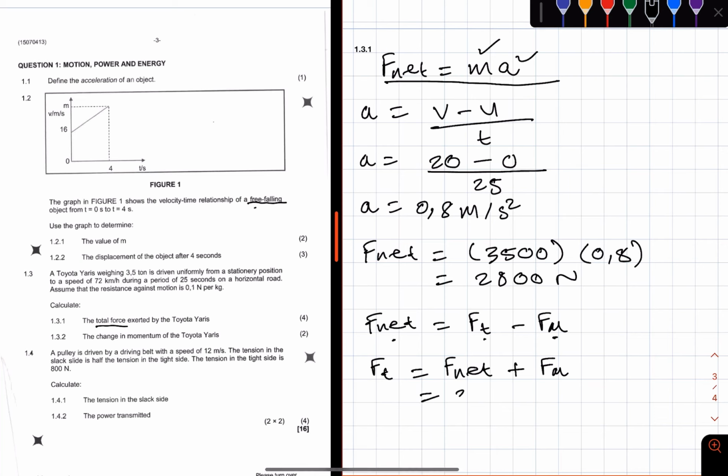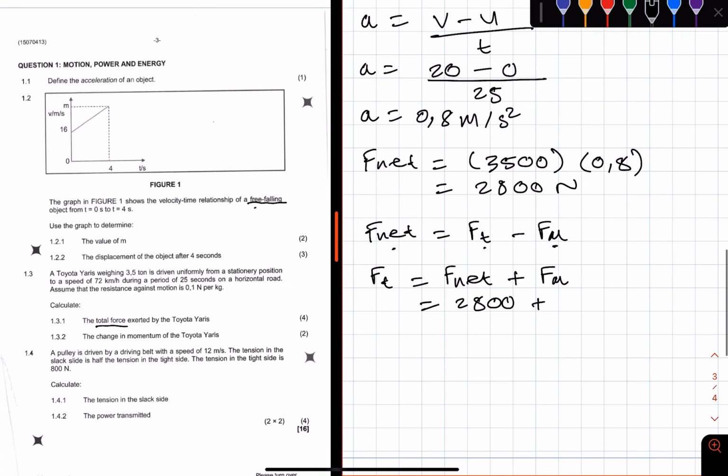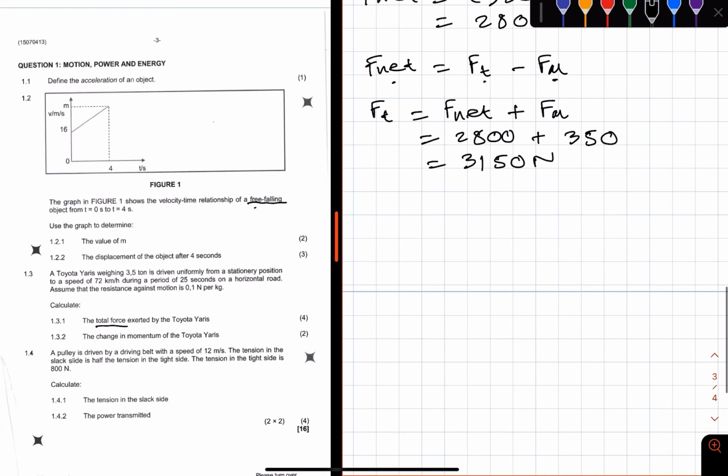This is 2,800 plus F mu, which is 350. If you punch that in, we get 3,150 newtons. That is the answer to question 1.3.1. Easy.